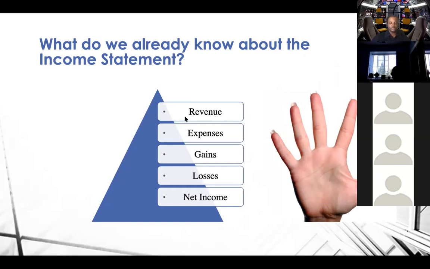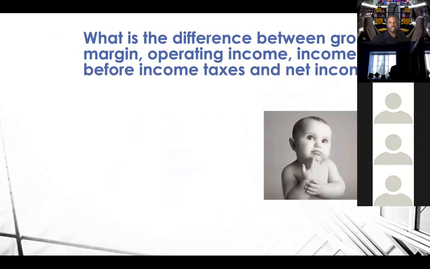We also know that expenses break down into cost of goods sold and other operating expenses. And we can take the income statement and break it down into different components.